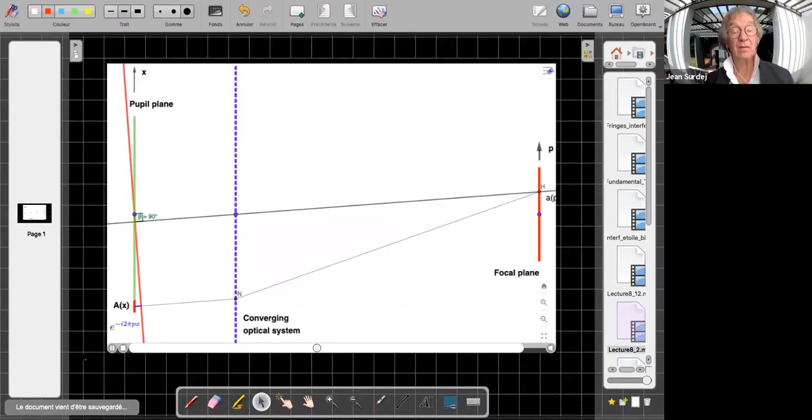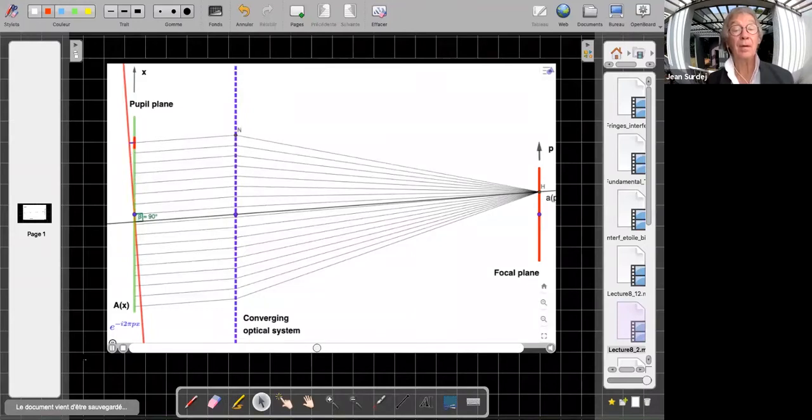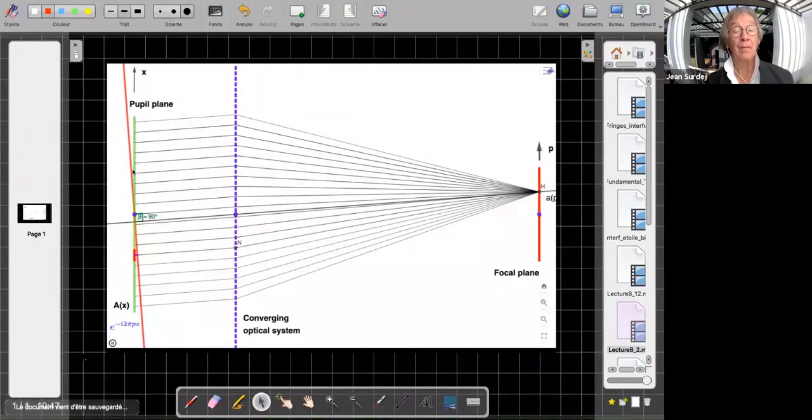Now we'll set in motion the red segment in the pupil plane, and we will see how light rays parallel to the two previous ones converge also at point H. And what we see is that indeed the phase delay here is changing depending on the position, depending on the X position in the pupil plane.